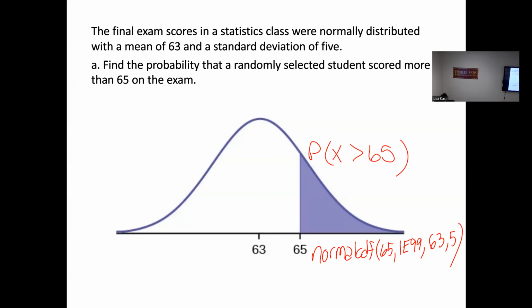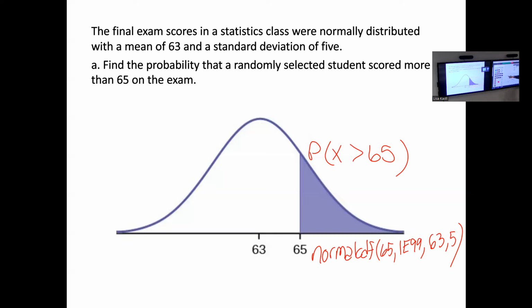So this is a normal CDF whose lower limit is 65, whose upper limit is a really big number, and whose mean is 63, and whose standard deviation is 5. Okay, so we're going to go to our distributions. Number 2 is our normal. My lower limit now is 65. My upper limit, I'm going to make a really big number. That works just fine. My mean is 63. So now we're not talking about the standard normal distribution. We're just talking about a normal distribution. So I have to put in my mean and standard deviation, which is 63 and 5. Are we good?